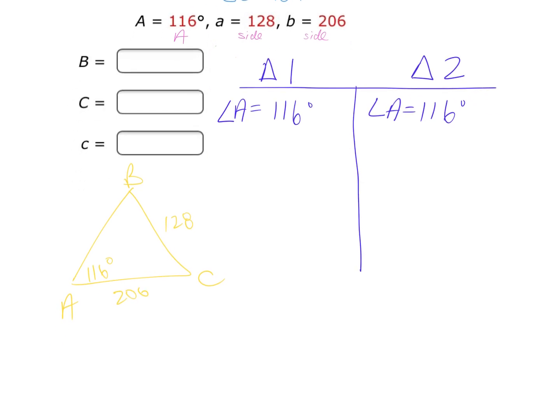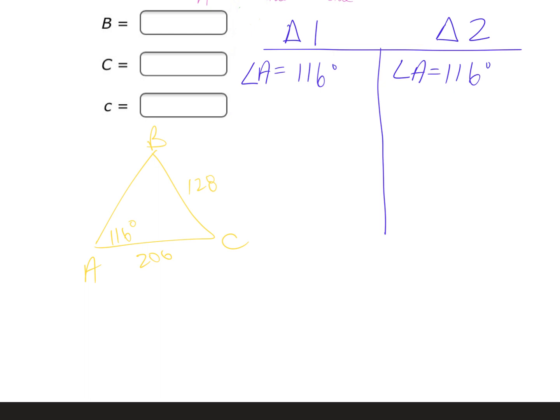So what is the law of sines proportion that they've given us? Sine 116 over 128 equals. What's the only piece of information I could possibly find? B, correct? Do you know anything about angle or side C? No. So you'd have to say, okay, well, let's figure out what B is.